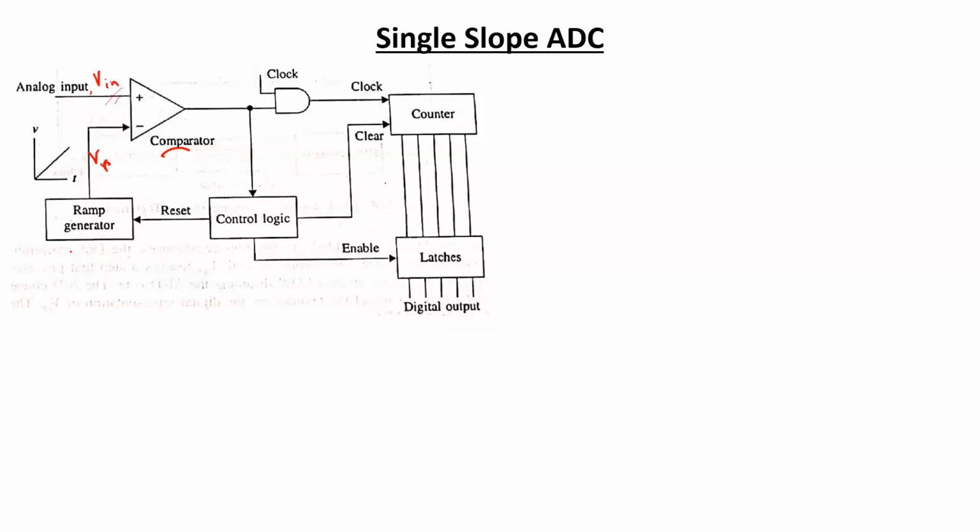Before going to the operating principle, let me discuss a little bit more on the ramp generator. The ramp generator is actually going to generate a straight line with a constant slope depending upon a particular reference voltage that is supplied at its input.